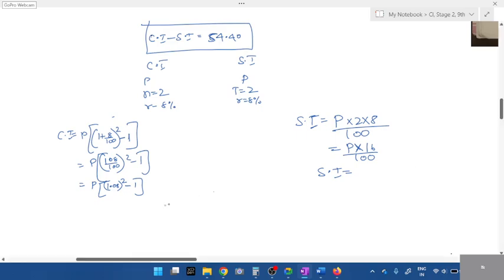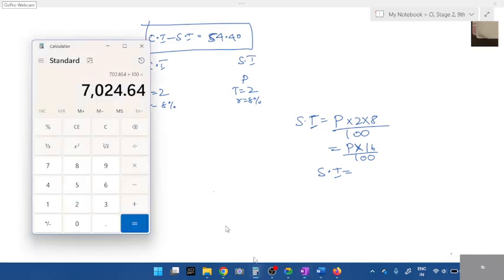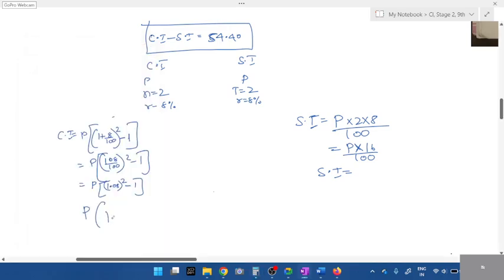What is 1.08 squared? What did you all get here? Correct. 1.1664 minus 1 is what? So can I write this as 0.1664p?